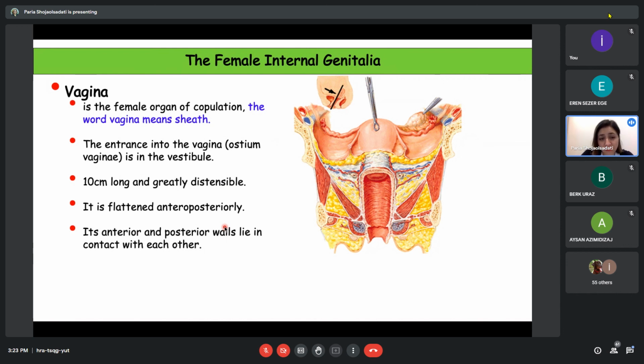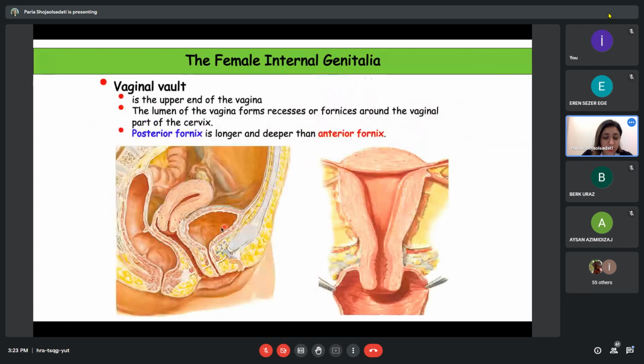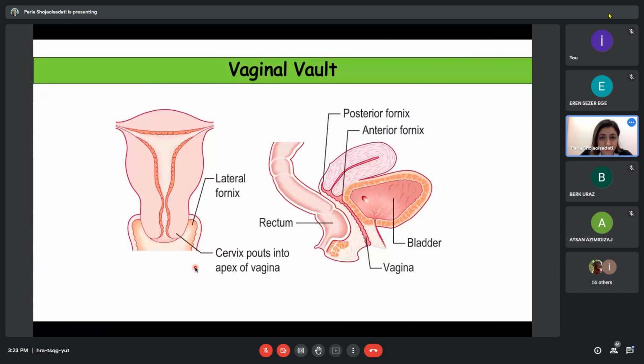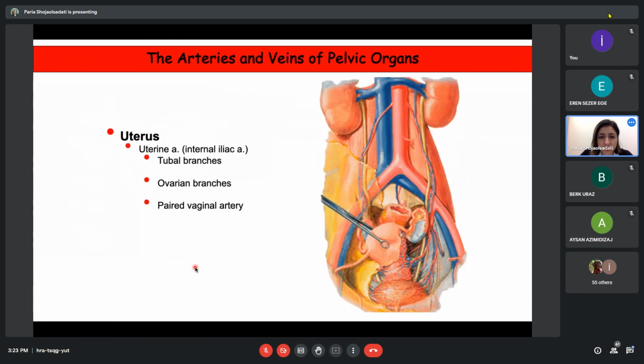It's flattened anterior-posteriorly. Its anterior and posterior walls lie in contact with each other. You can see it clearly in mid-sagittal section. If I go back, you can see that the anterior and posterior walls of the vagina are in contact with each other in normal condition. It's not your case.